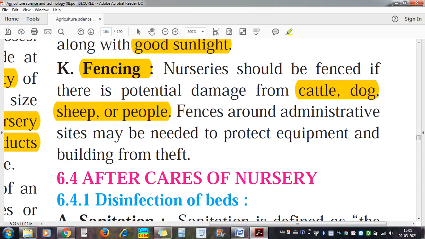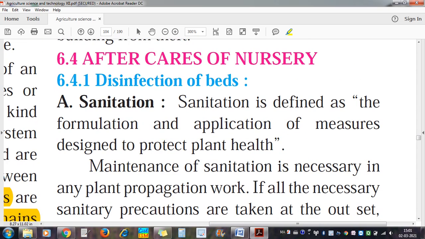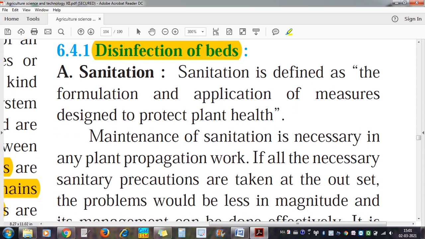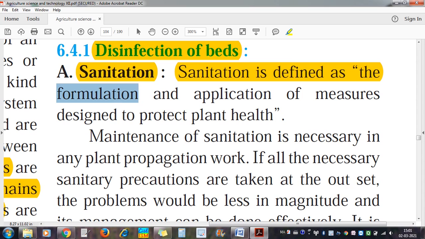After care of nursery. Once the nursery is established, then frequently we have to disinfect the beds, and for this disinfection, sanitation is to be maintained. Now, what is sanitation? Sanitation may be defined as the formulation and application of measures designed to protect plant health.